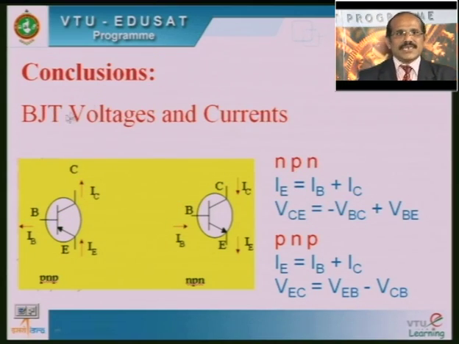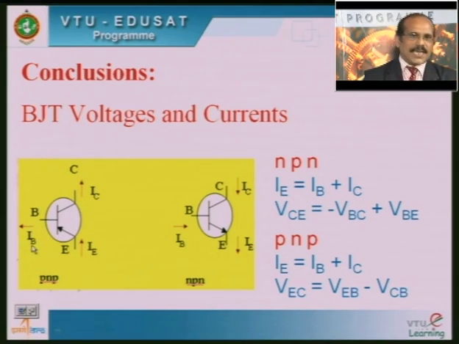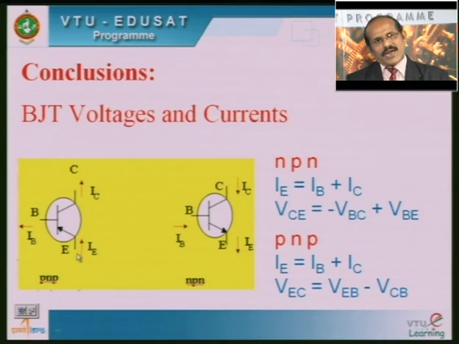And also we have seen the BJT voltages and currents. This is the symbol of the PNP transistor, and this is the symbol of the NPN transistor. This is the emitter terminal, this is the base terminal, and this is the collector terminal. The current that flows through the collector is called IC, that through the base is called IB, and the one that flows through the emitter is called the emitter current IE.